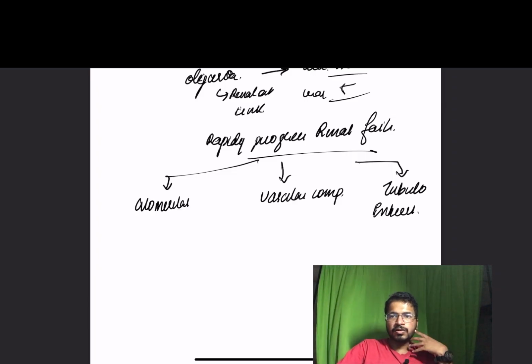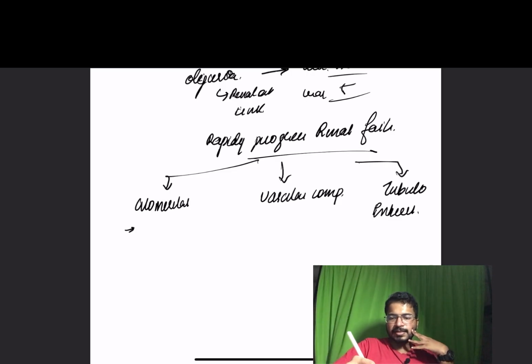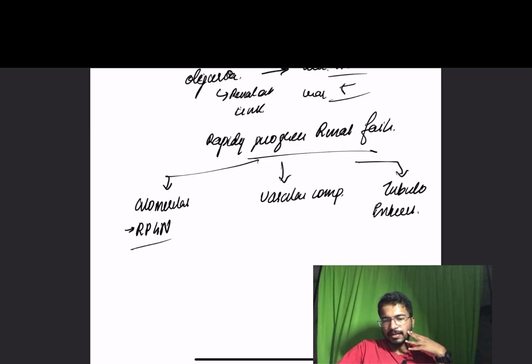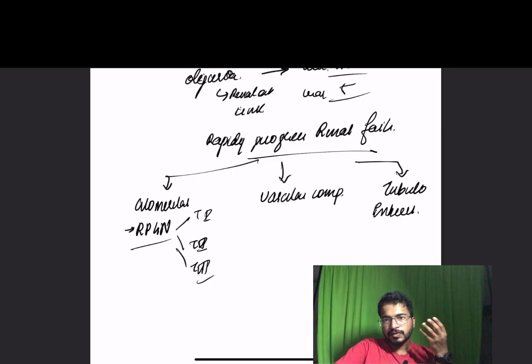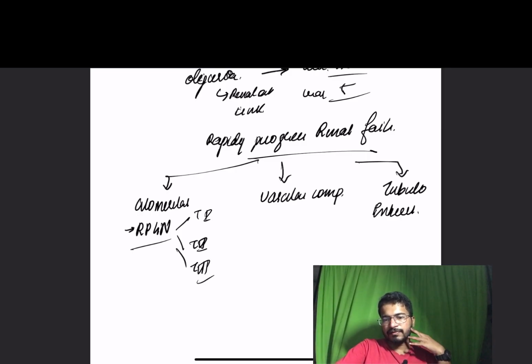So what in the glomerular compartment can cause RPRF? It is our rapidly progressive glomerulonephritis, RPGN, which is further classified into type 1, type 2 and type 3. From the vascular compartment, what can cause rapidly progressive renal failure? HUS, hemolytic uremic syndrome.